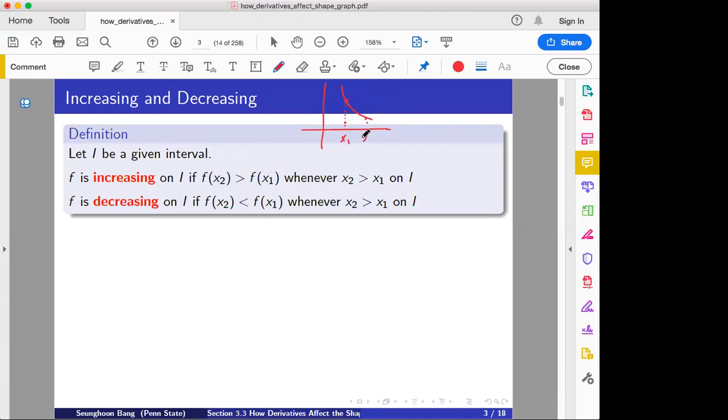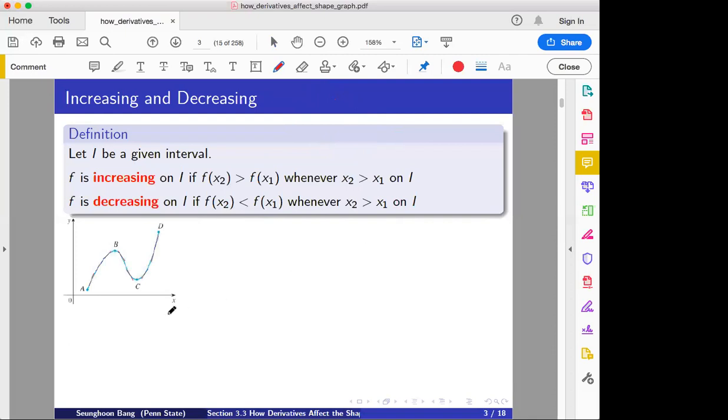This is x2. x2 is greater than x1. What are the corresponding function values? This one is f of x2. This one is f of x1. f of x1 is greater than f of x2. This is decreasing. So we have different directions like this.